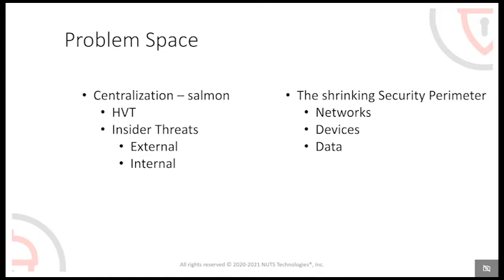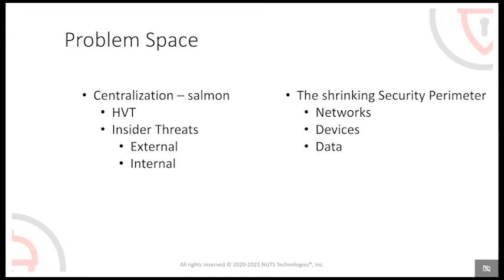The centralization aspect of our computing world is kind of concerning these days, because it almost seems to me, from my days of using PDP-11s and other mainframes, that we're kind of moving backwards, like salmon swimming upstream. Problem is, it creates high-value targets, and it also creates the insider threat problems. Meaning, when you create a high-value target, you need administrators to secure it and to manage it.